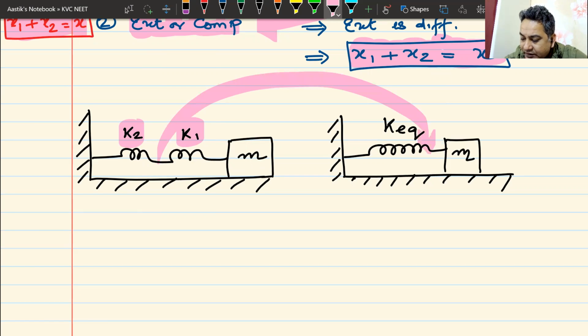So what I have done here, instead of these two springs, I have just put one spring. Now, we are doing it for two springs, but it can be done for 3 or 4 or 5 or 6. So if I have 6 springs put like this, I can remove those 6 springs, and I can just put one spring in place of them. Right now, I'm doing only 2. It can be done for 3 or 4 or 5 or 6 or 7 or 8 or 9 or 10.